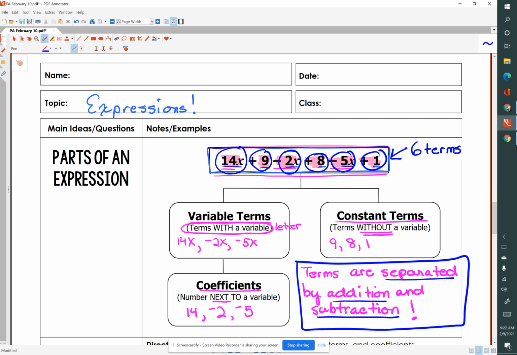Okay, super important. And remember, we've got variable terms, constant terms, and in the variable terms, there may be coefficients. Now, if you have x all by itself, there is no coefficient.